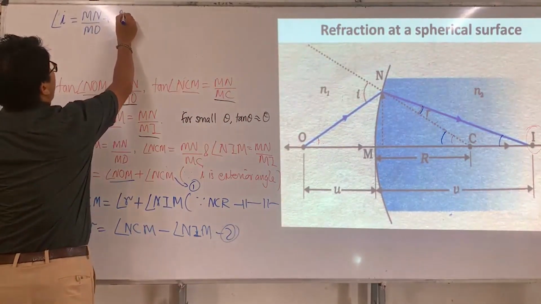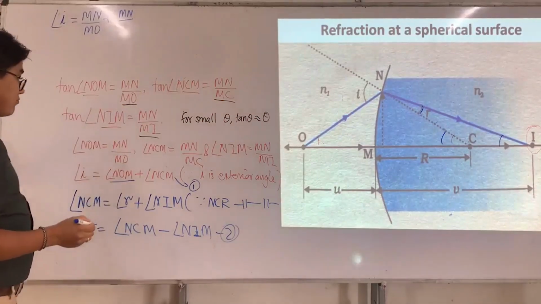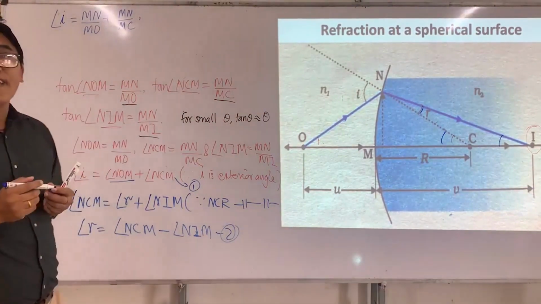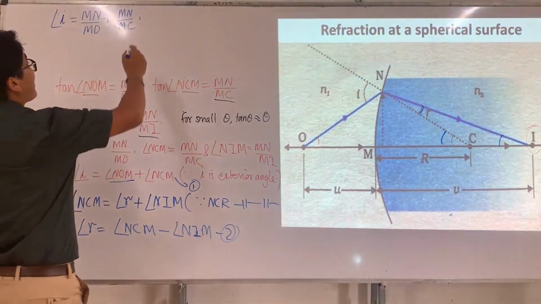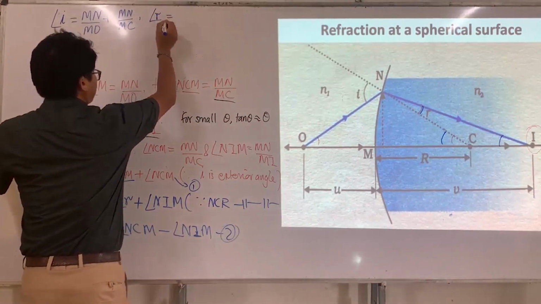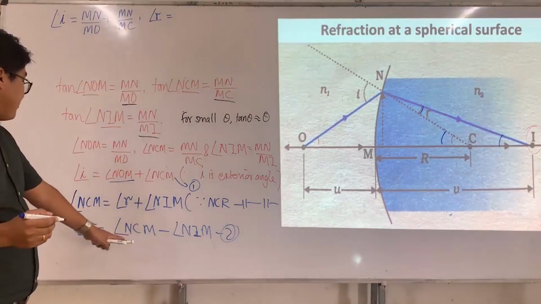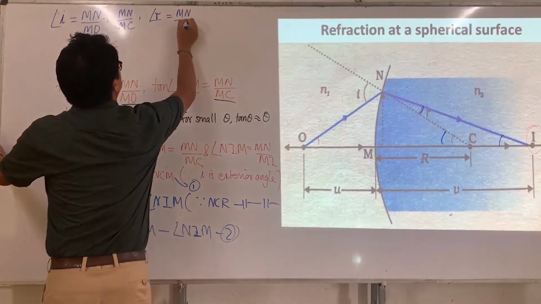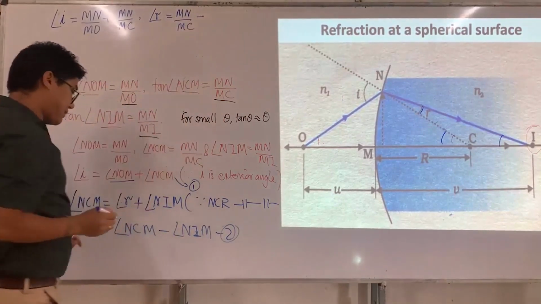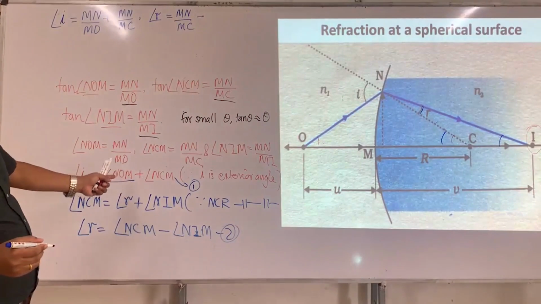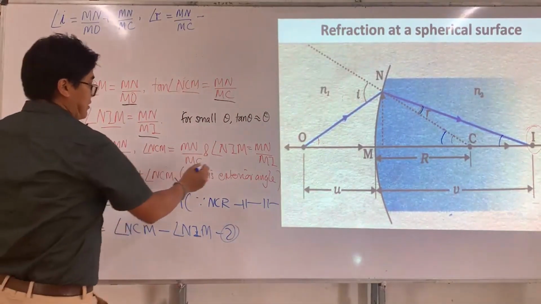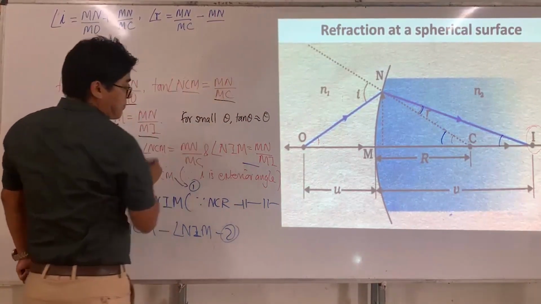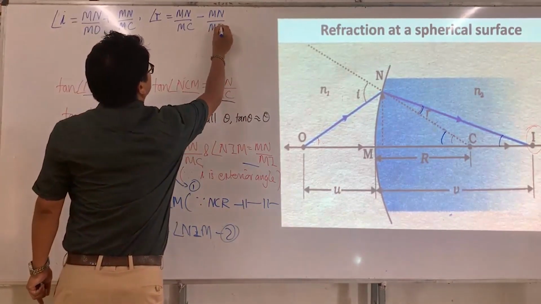MN divided by MC. This is angle of incidence. And then what about angle of refraction? What about NCM? MN divided by MC minus, what about NIM? NIM is MN divided by MI. Alright.